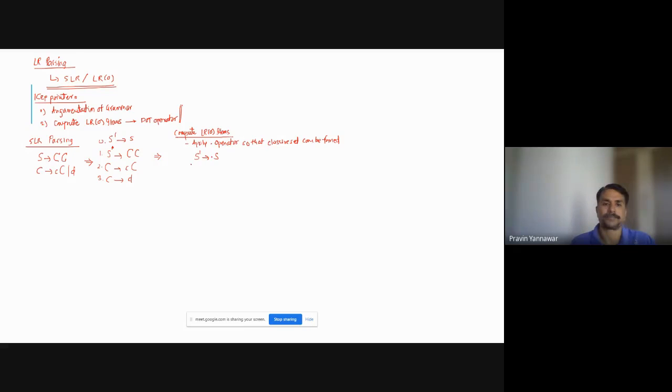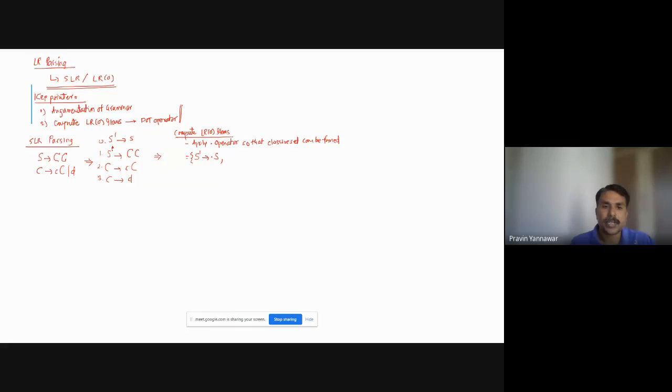What does it mean? It means that we are expecting some of the inputs from S. Since the dot is applied over S, we need to collect all the productions of S here.